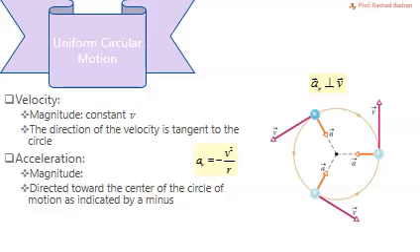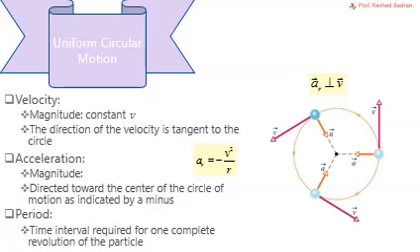And we can write a sub r equals minus v squared over r, and again the minus sign is an indication that the direction of this acceleration is towards the center.